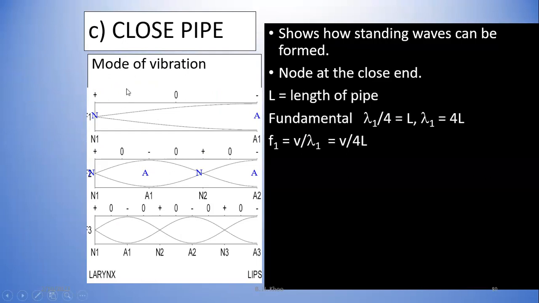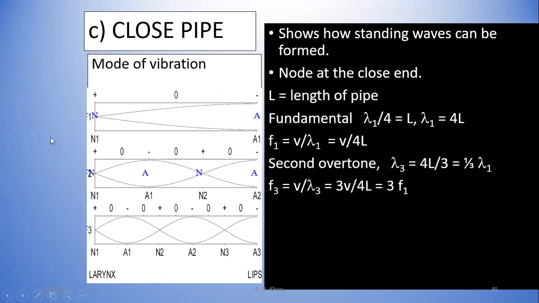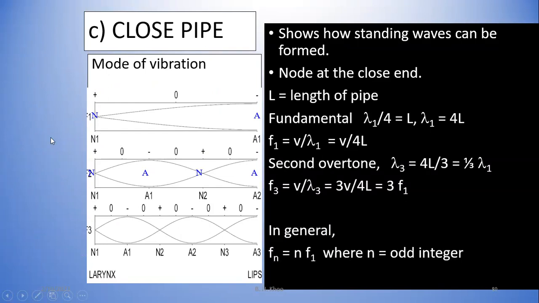I summarize for you all the three of them. In general, same as the string, Fn and F1, N stands for harmonic. If you like, the N is the first harmonic, the third harmonic, the fifth harmonic. In terms of wavelength, it's lambda 1 over n. Same thing as a string or open pipe, except this is odd, that's all.